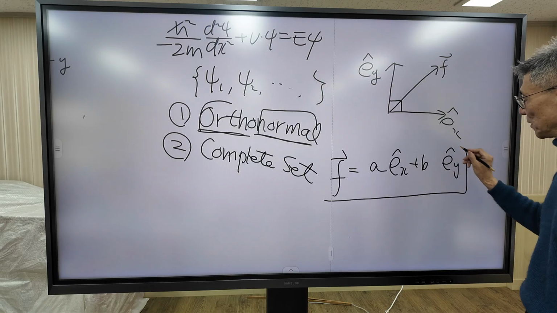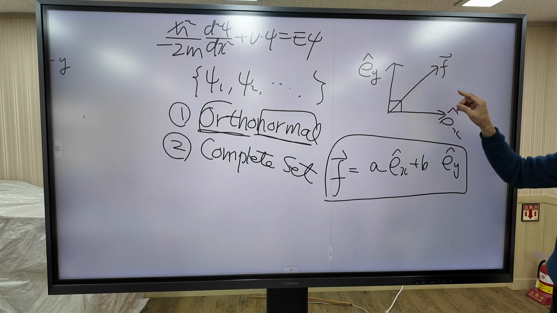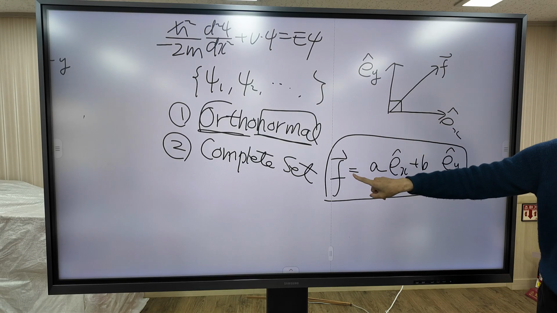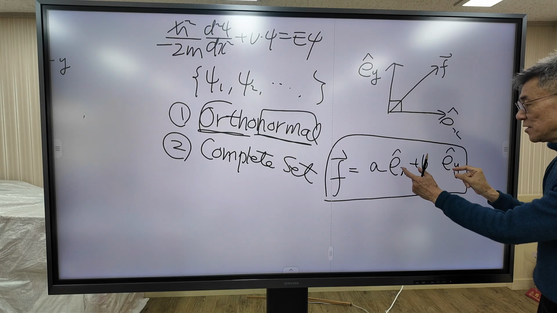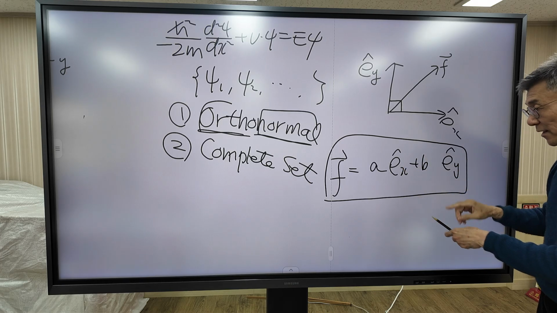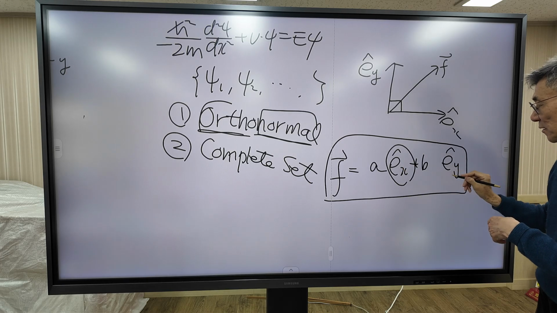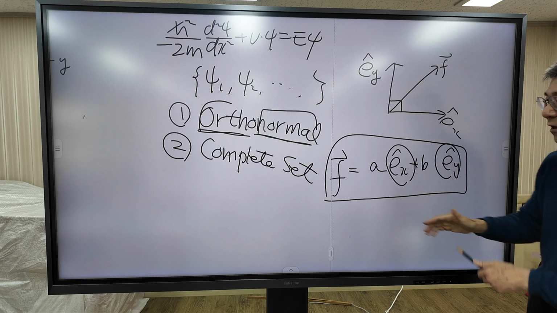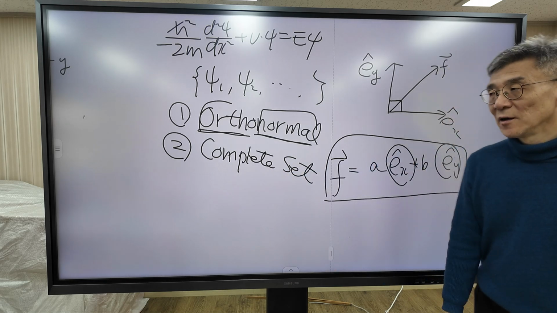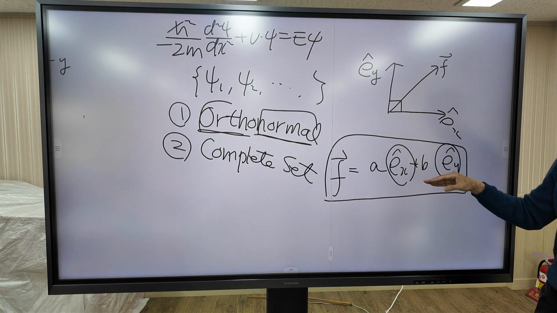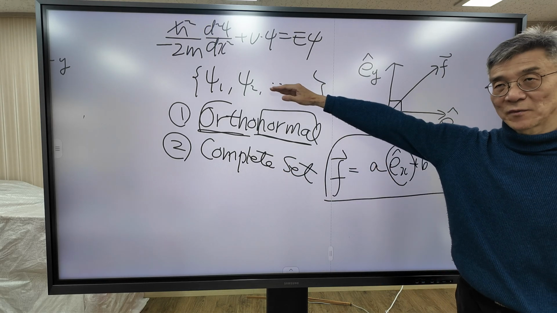Right? In two-dimensional space, any arbitrary vector can be expressed as a linear combination of two vectors. Then these two vectors form a complete set. But this can also apply to these solutions.